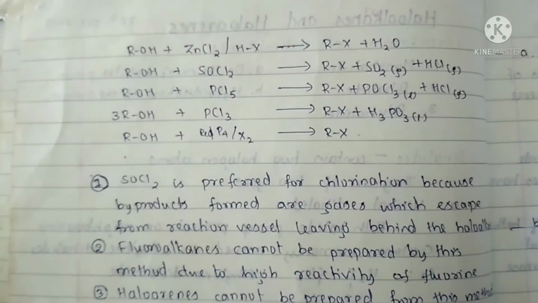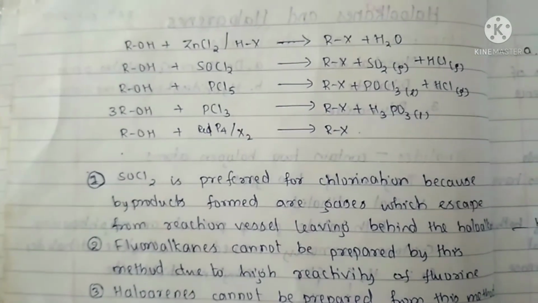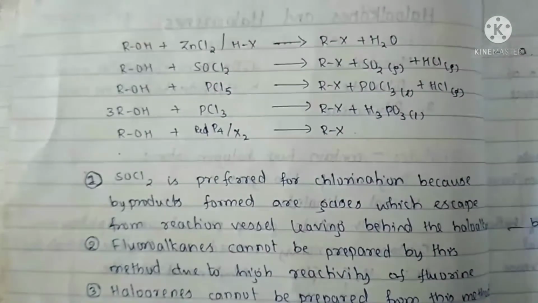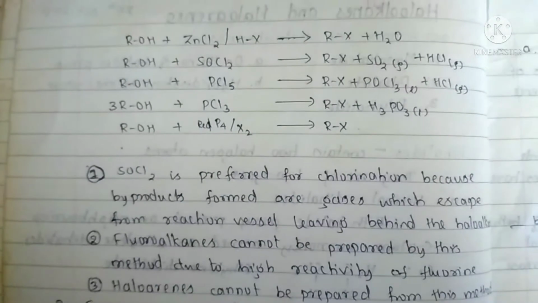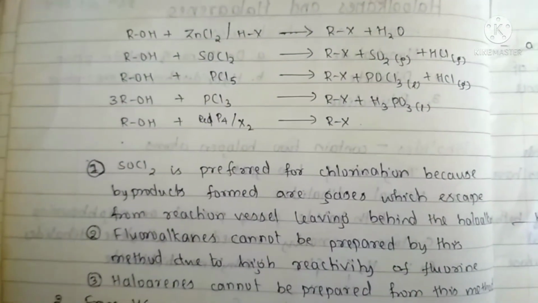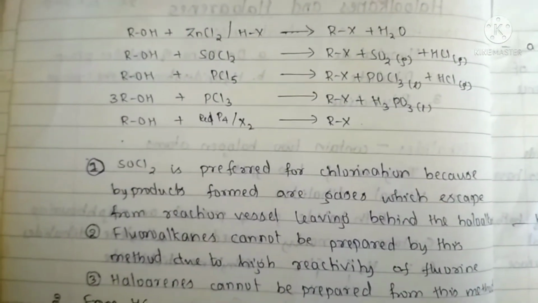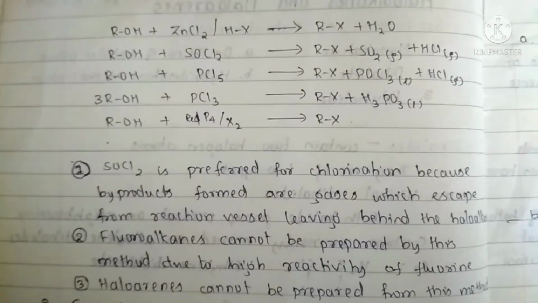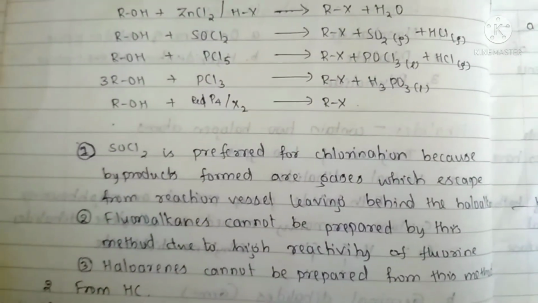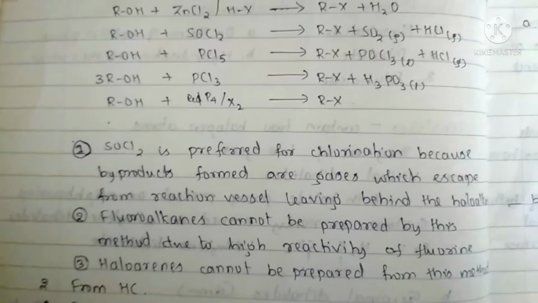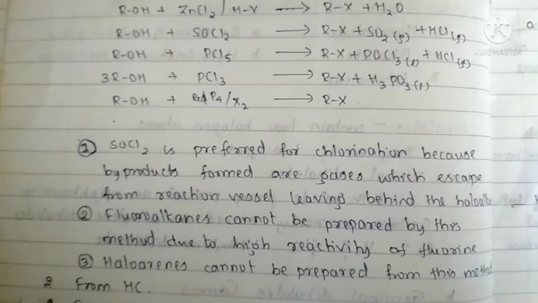Specifically, we prefer thionyl chloride, which releases sulfur dioxide and hydrogen chloride as gaseous byproducts. The main reason is that they escape from the reaction vessel, leaving behind only the haloalkane.